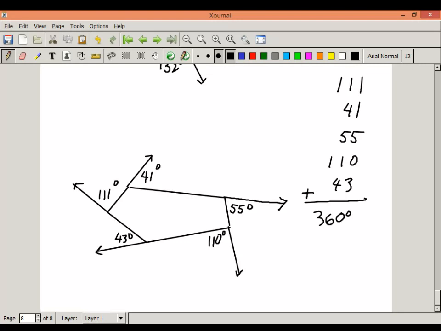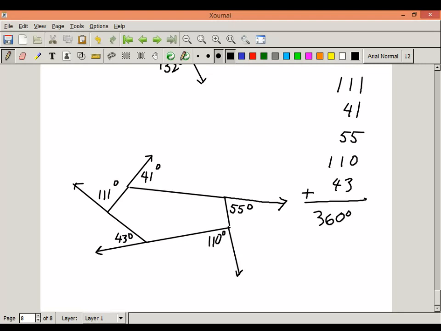Then we had our formula for finding the interior angle sum of any polygon. You count the number of sides in the polygon and subtract 2. That'll be the number of triangles that fit inside. Multiply that number by 180 for each triangle, and that'll be what those interior angles add up to.